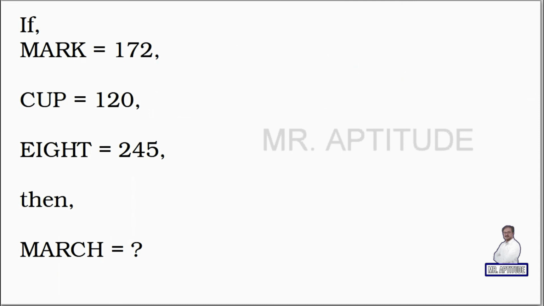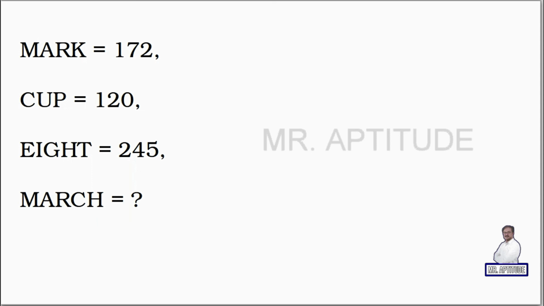If mark equal to 172, cup equal to 120, and the third word equal to 245, then find the value of the last word. Mark equal to 172. Can we relate 172 with the word mark? 120 with the word cup? 172.